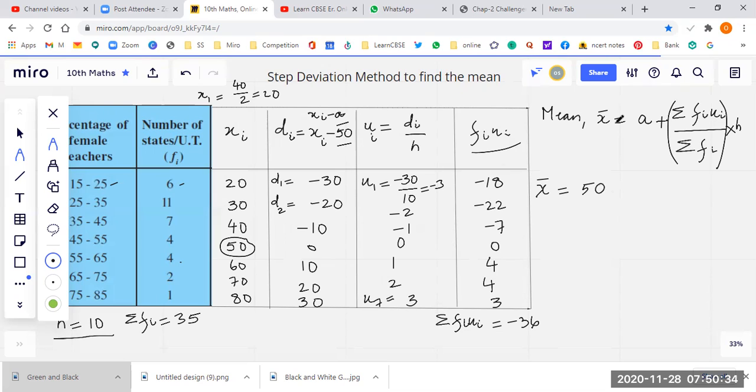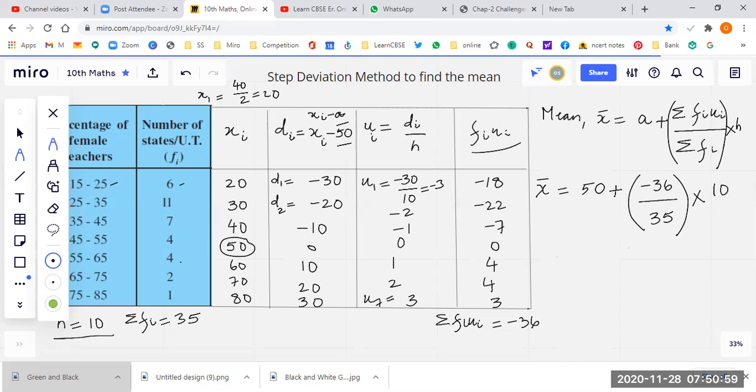Right, okay, 50 plus, now what is summation fi ui? That is minus 36. I'll write like this only, minus 36, divided by, what is summation fi? Well, that is 35. It is always better, whenever you get a negative value, put a bracket to remove any confusion, into h. h I have taken as 10. All right.